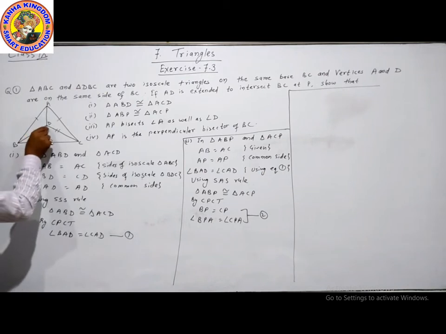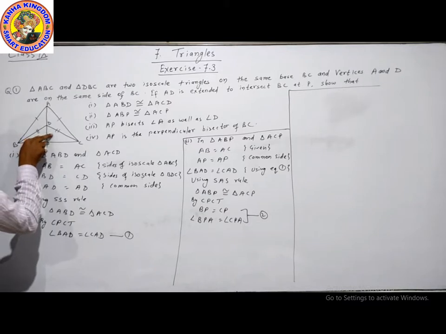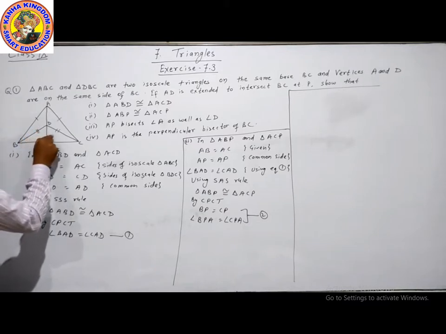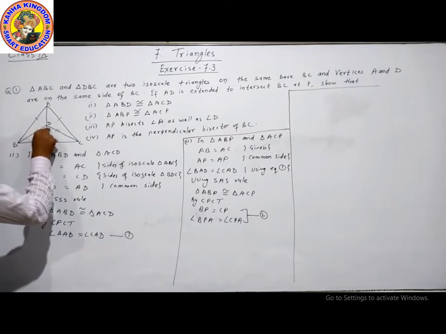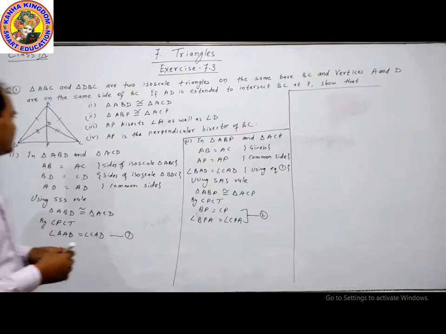And angle D is also bisected. So we take these small triangles and prove their congruency. If we prove this congruency, then angle D and angle D is equal, so angle D will be bisected.